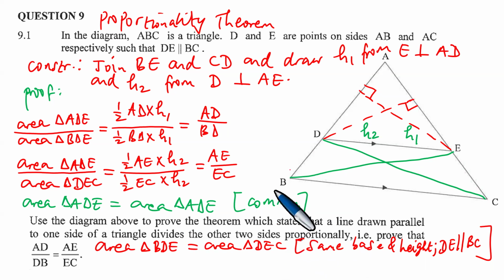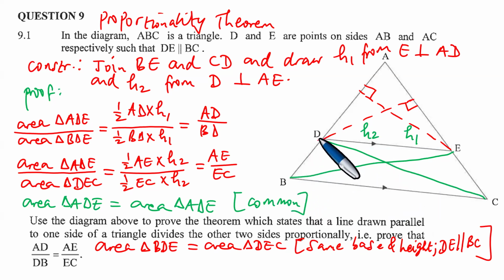So we know that the area of triangle BDE, these two triangles have the same base and what? The same base and height, because they lie between the same parallel lines, DE and BC. Now you can choose any base for these triangles.